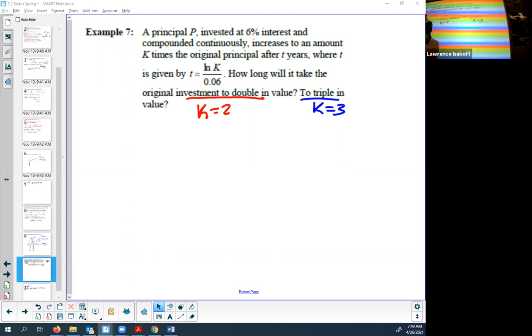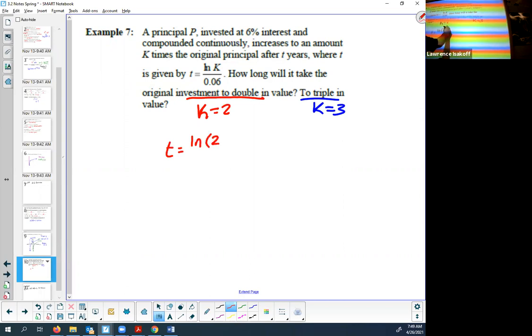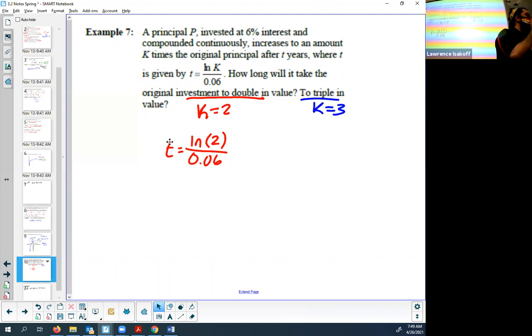So for this, if I want to double my investment, if I'm able to earn 6% interest, I could just use this simple formula to tell me how long it's going to take to double my money.